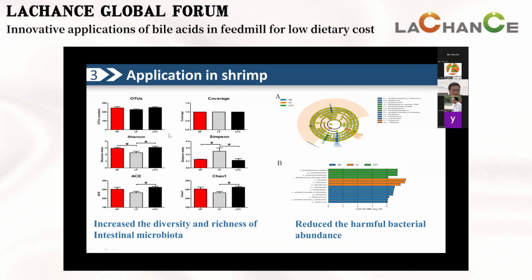We can find that the supplementation of the bile acids in the low fish meal diet increased the diversity and the richness of the intestinal microbiota of the shrimp, and also reduced the harmful bacteria abundance.